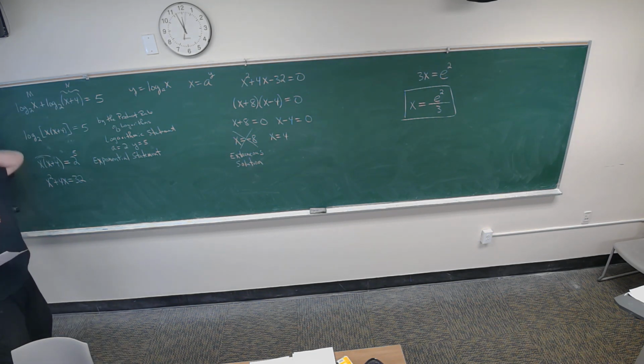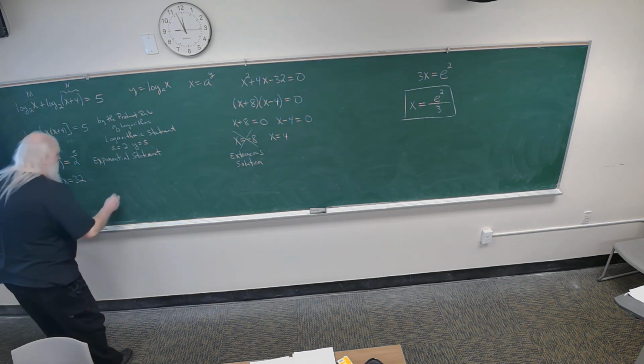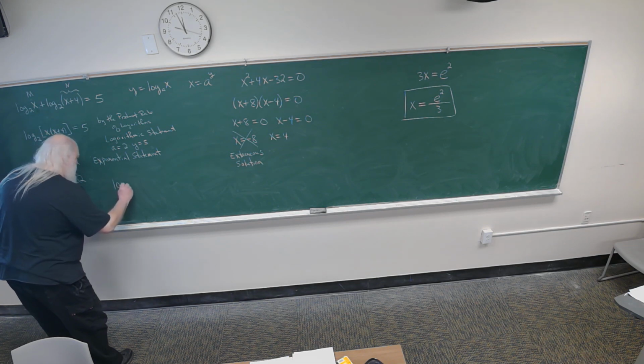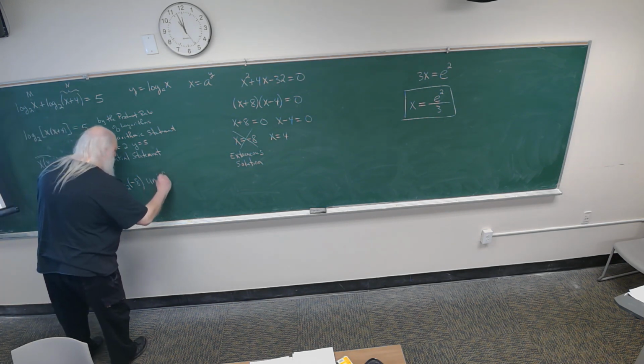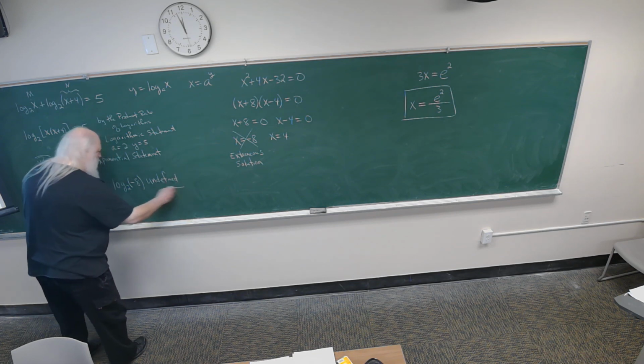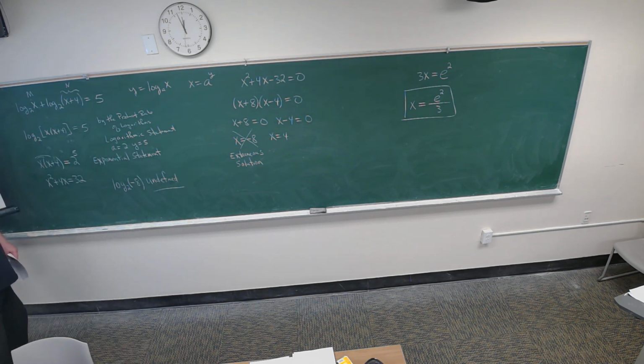Remember, you can't take the log of 0, and you can't take the log of a negative number. So when you plug negative 8 in for x up here, you get log base 2 of negative 8. And log base 2 of negative 8 is undefined. If you put 4 in for x, you can show the left-hand side does equal 5. Okay?